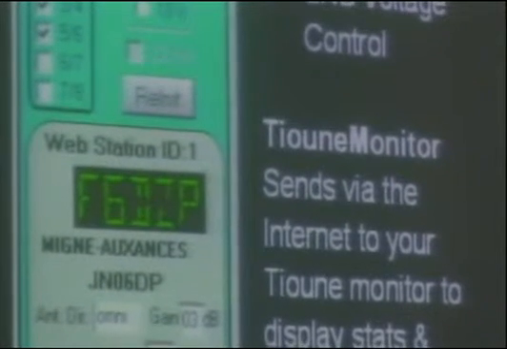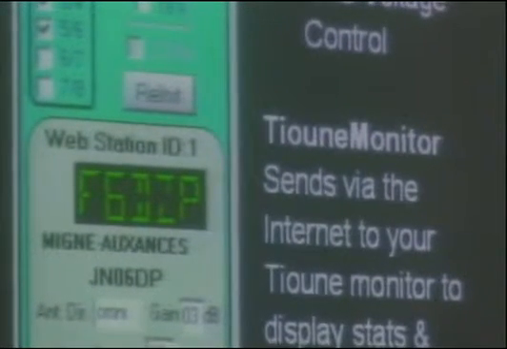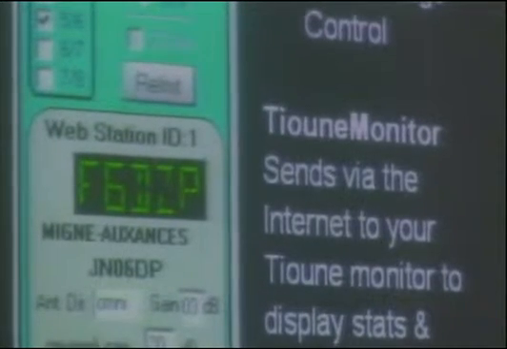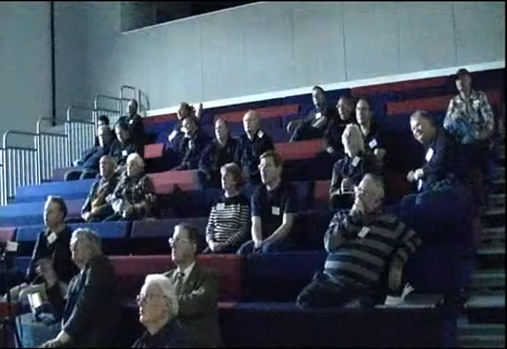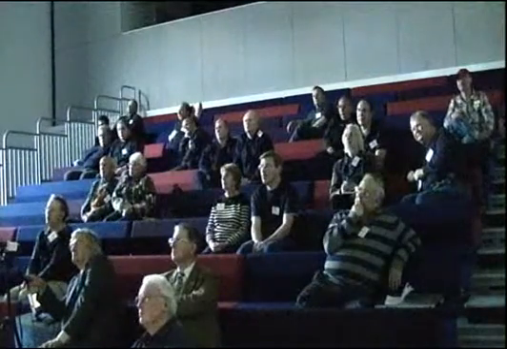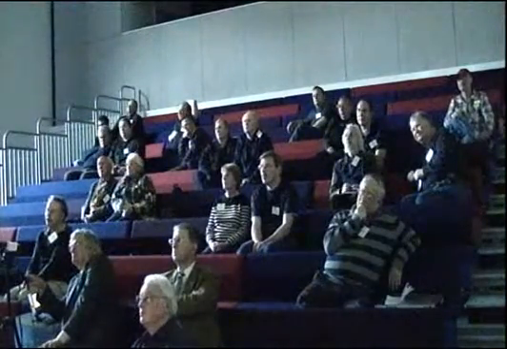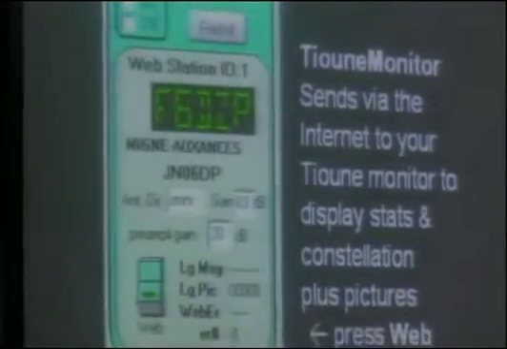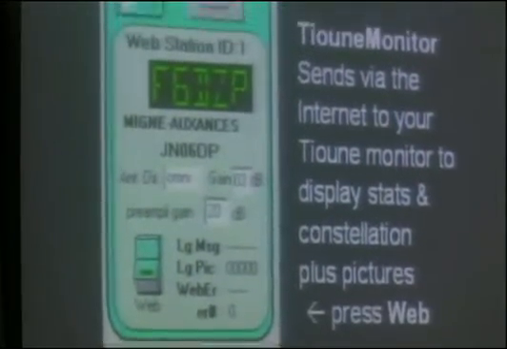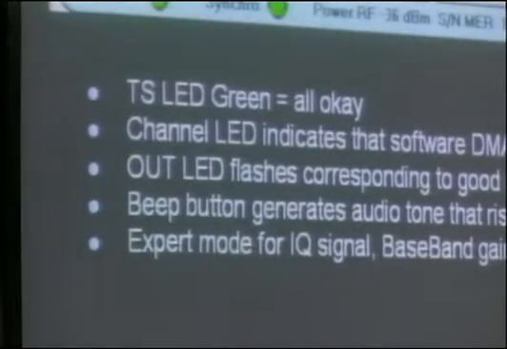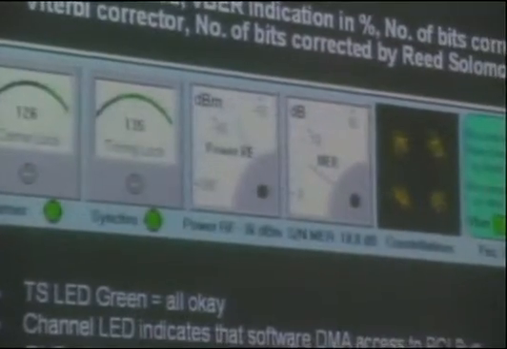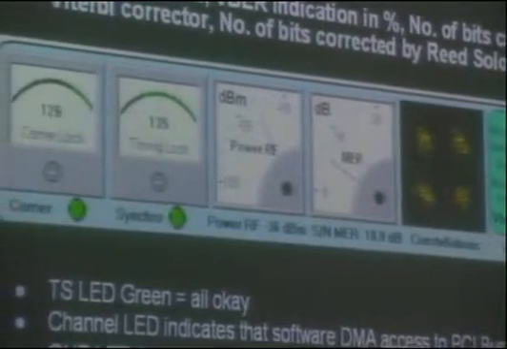You just tell it you can search the FEC between this and this. This is for the tune monitor. This is information that will be sent on the web because after we have 2 minutes. This is the display I have spoken about.